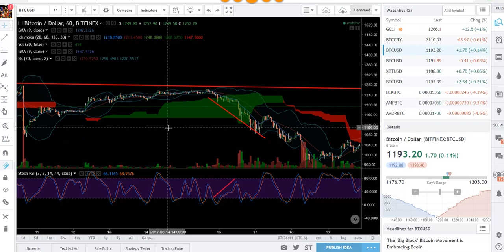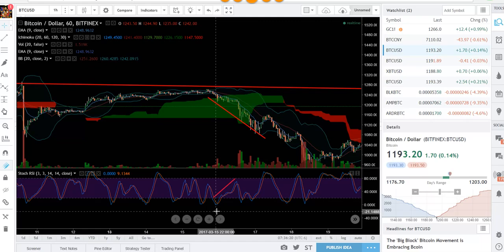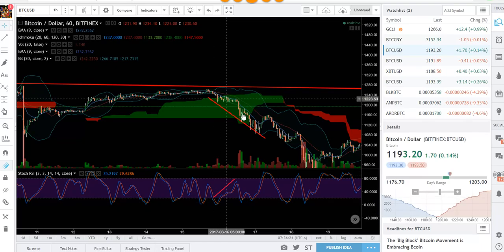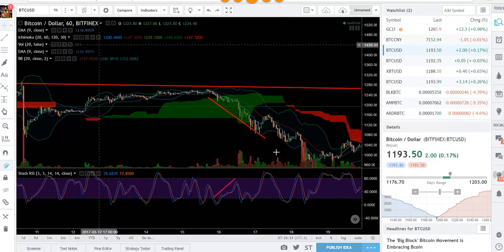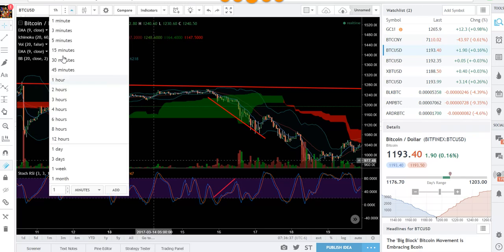You have to put a lot of different pieces of the puzzle together and find confluence in that. Because if we would have bought the market here on this stochastic RSI strength cross, you're buying the market as it's going down. So you have to find your balance in how you use these indicators, because they're going to tell you different things at different times.